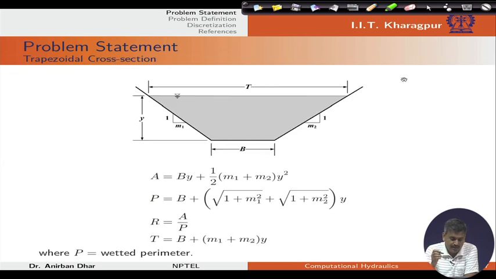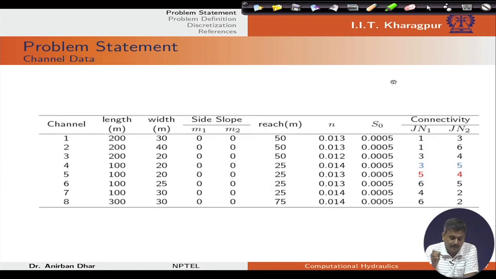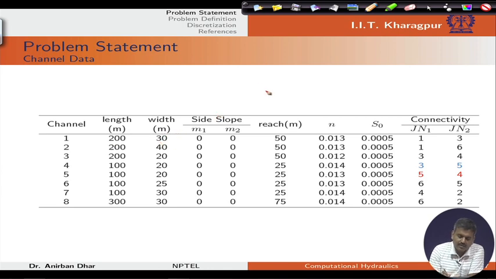Now, in this case we will be considering a rectangular channel. So, obviously M1 will be 0, M2 will be 0 in this case. So, we will get a simplified expression out of this. So, channel reach, this is 1, total length is 200, width is in meters. So, this is nothing but the bed width of the channel cross section.